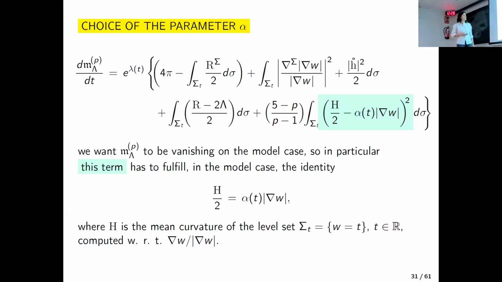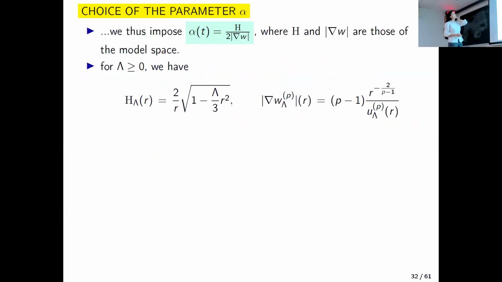We select alpha in such a way that it corresponds to h over 2 grad W in the model case, where h is the mean curvature and grad W are those of the model space. We have to extract the most possible information from this in order to do a suitable qualitative analysis of our ODE system and extract the information regarding the solution lambda, mu of the ODE system.